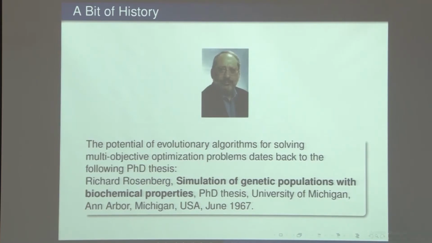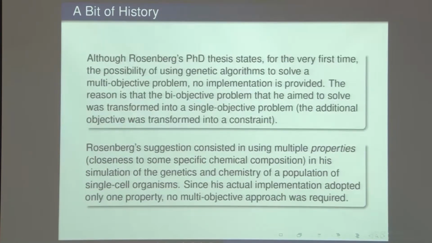This guy was trying to solve a problem in which he was dealing with two biochemical properties. And for whatever reason, instead of trying to solve this problem with two objectives, he decided to transform one of the objectives into a constraint. And then he solved with a genetic algorithm this constrained single-objective optimization problem.